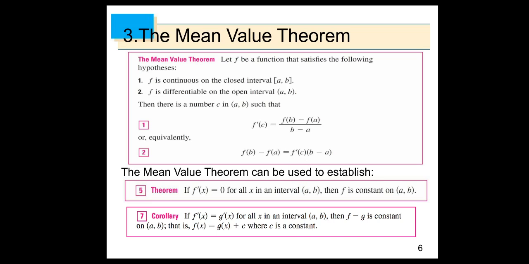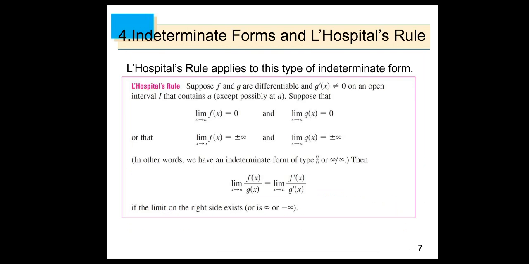The mean value theorem can be used to establish that if the derivative of f of x is equal to 0 for all x in the interval (a, b), then f is constant on (a, b).